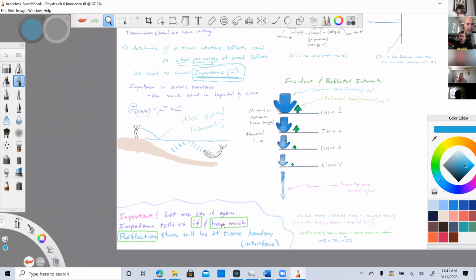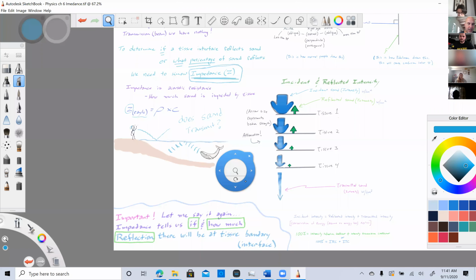I won't get into the other concept just yet. So just down at the bottom, I put an important reminder. Let me say it again. Impedance tells us if and how much reflection there will be at a boundary. So in other words, the opposite of saying does sound transmit is does sound reflect.